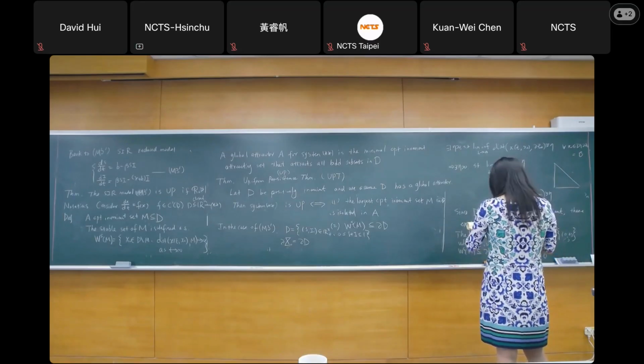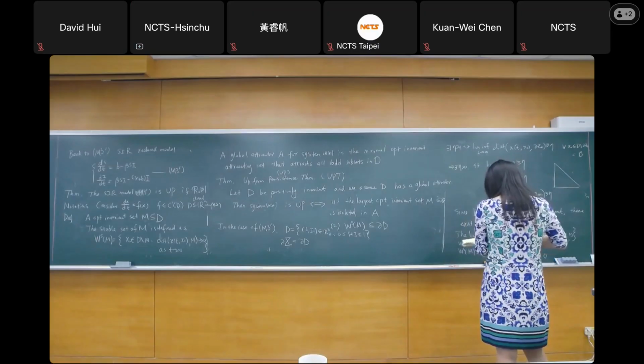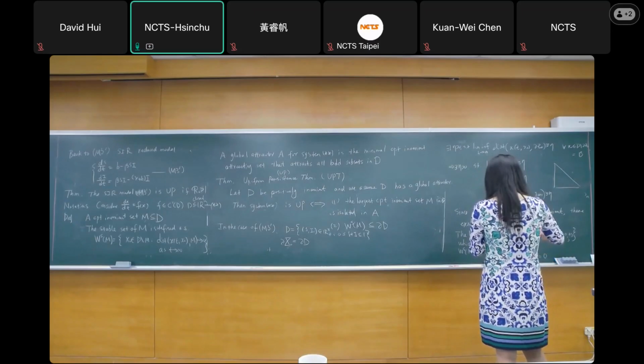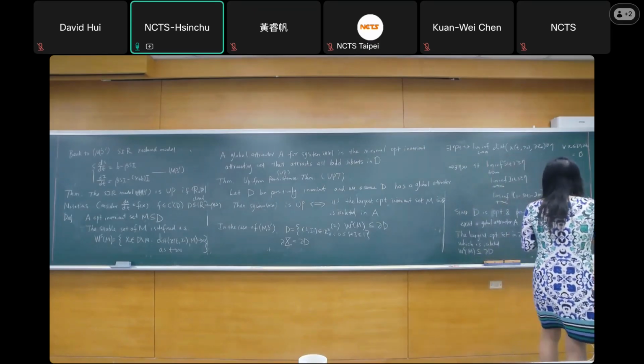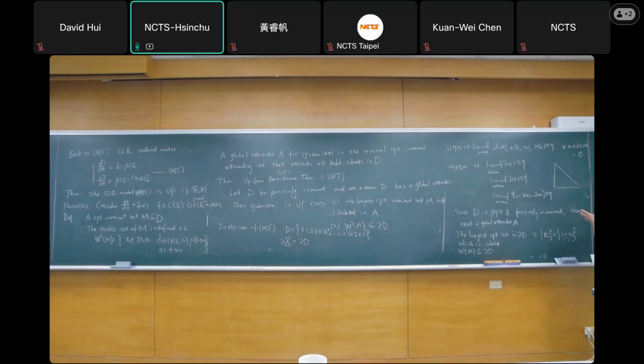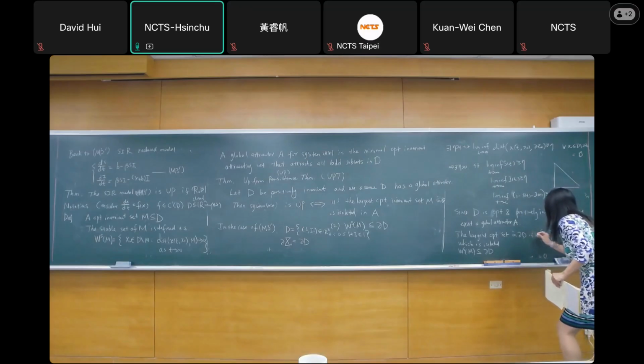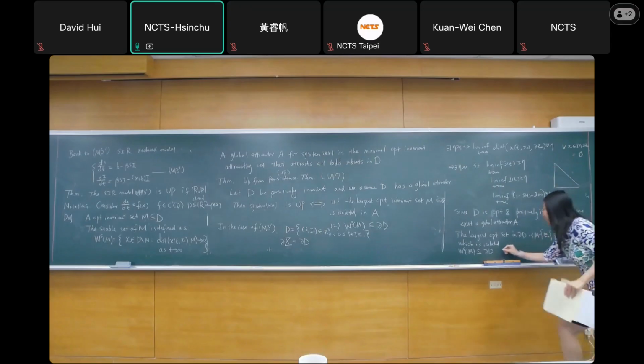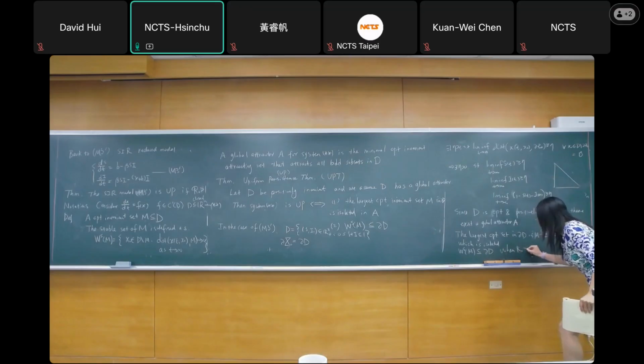The stable set is all those points that can eventually be attracted to M. Sorry, what is M? M is this single point. So the stable set is all those points that can eventually attract to this point.